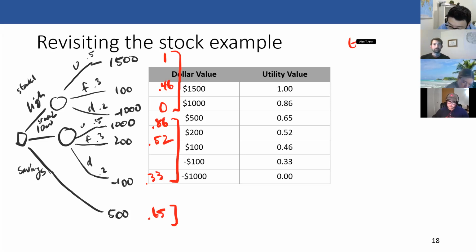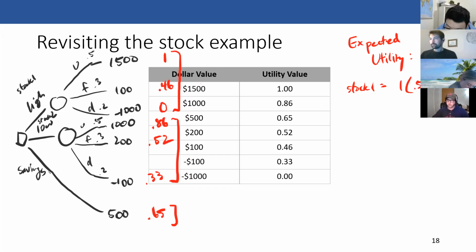And the expected utility calculations are going to be: stock 1 is equal to 1 times 0.5 plus 0.46 times 0.3 plus 0 times 0.2, and this is equal to 0.638.